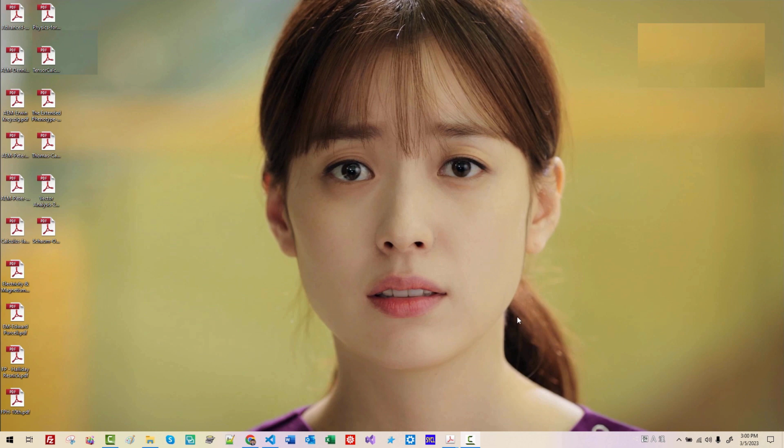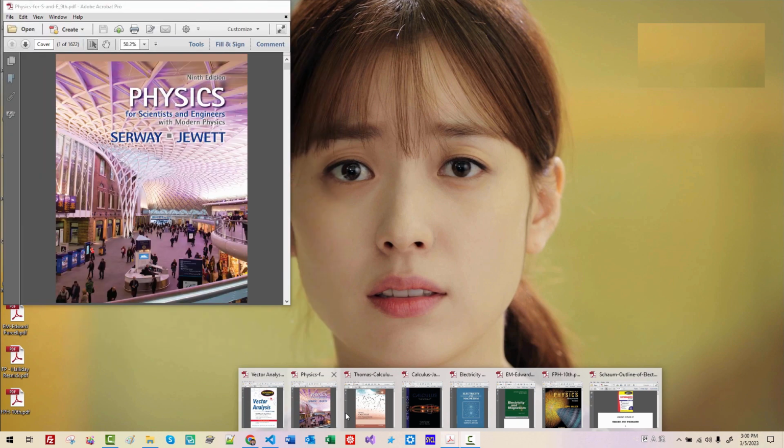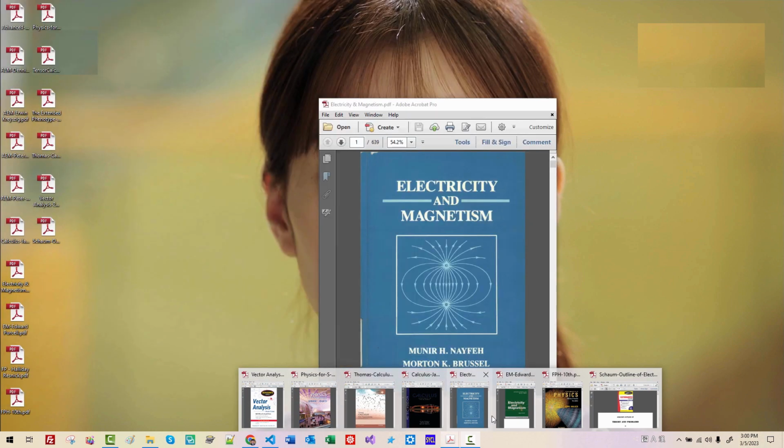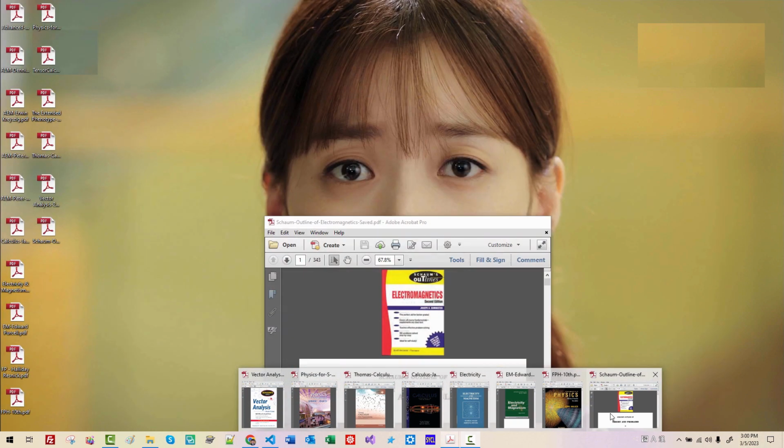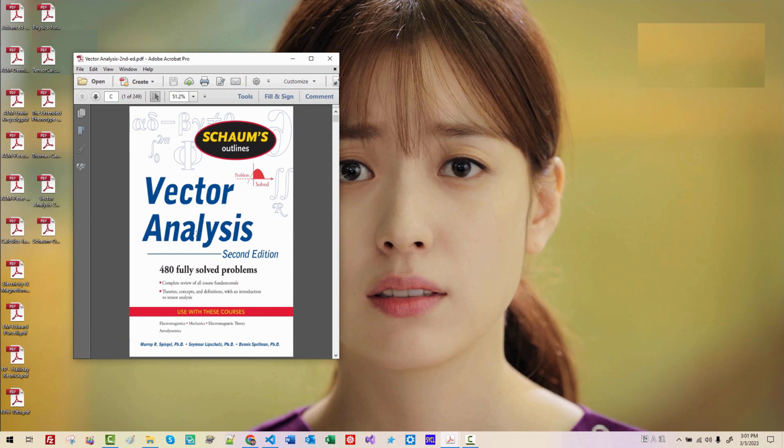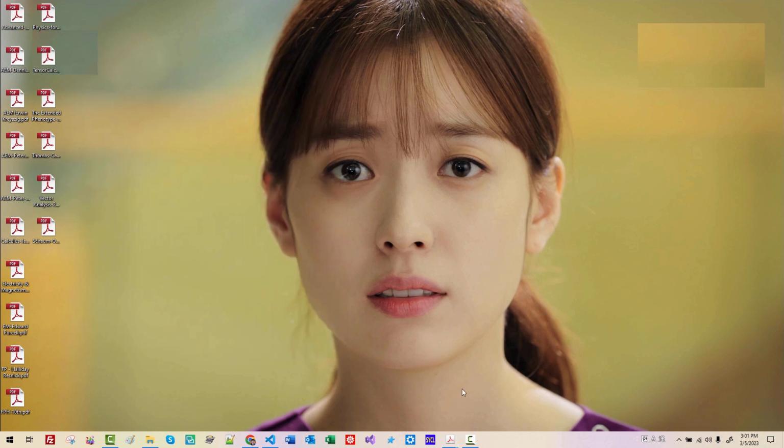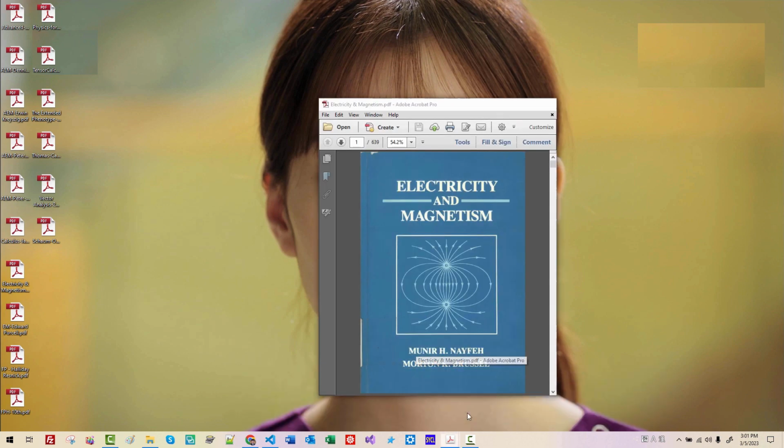If you have been watching my videos for some time, all these books might look familiar to you. If you learn vector analysis by reading this book alone, you will find vector analysis is very boring. Or if you learn electricity and magnetism with this book alone, you will find electromagnetic theory is very complex.